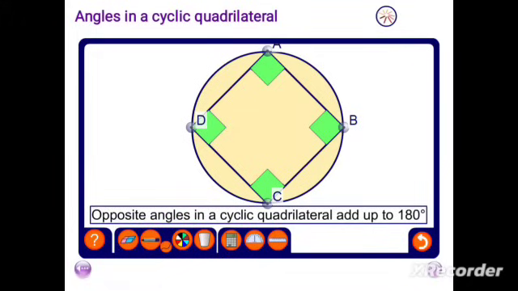And so we can say that opposite angles in a cyclic quadrilateral add up to 180 degrees. So in this case, we mean B and D are opposite angles. Again, A and C are opposite angles.